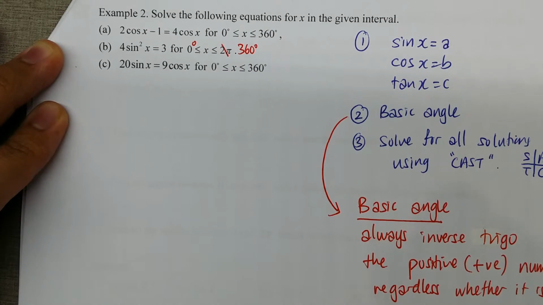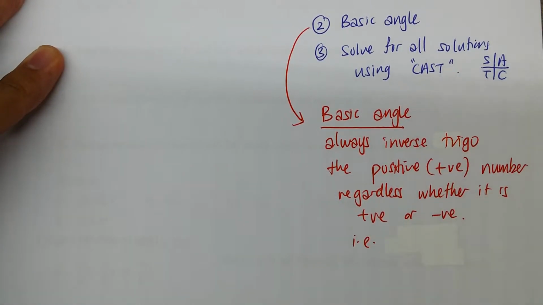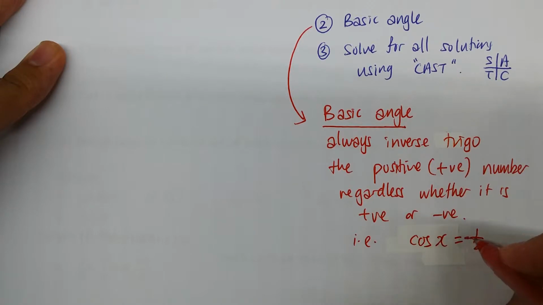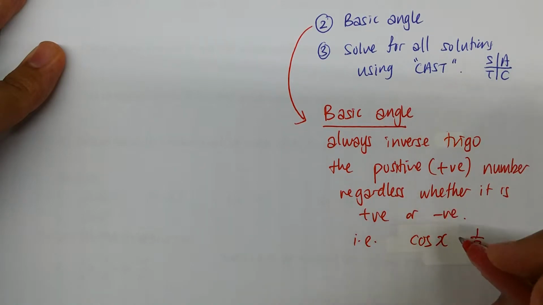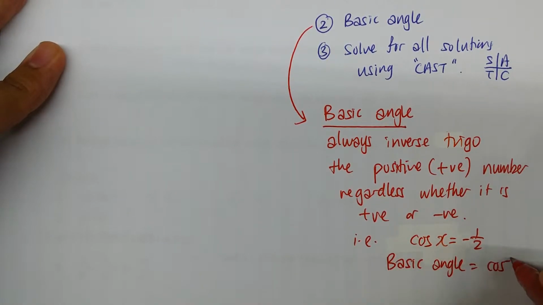Example, one example is cosine x equals negative half. But the basic angle will be cosine inverse of positive half.